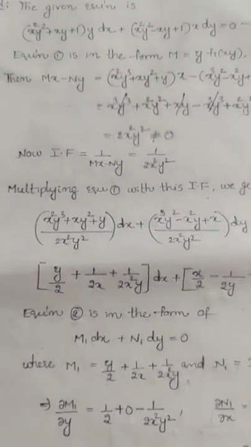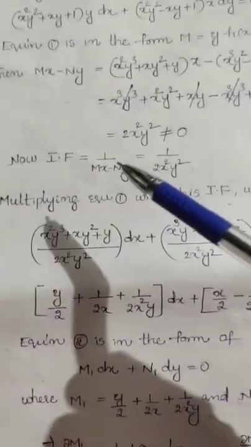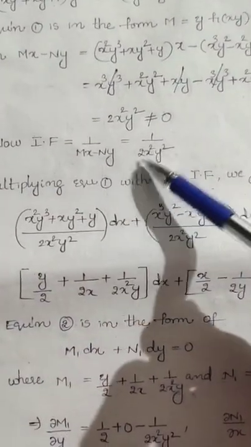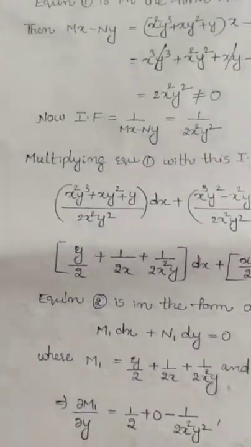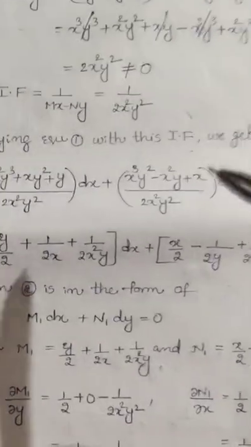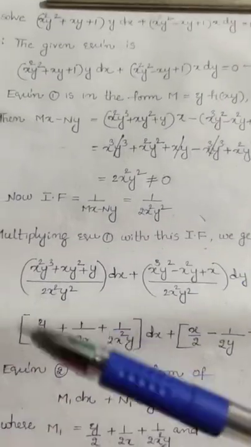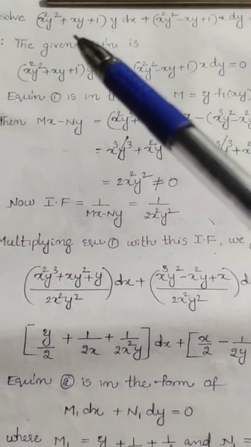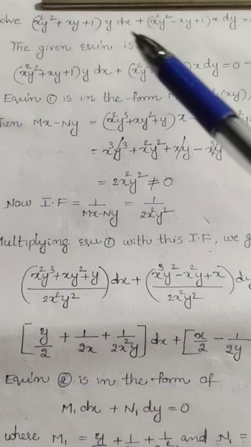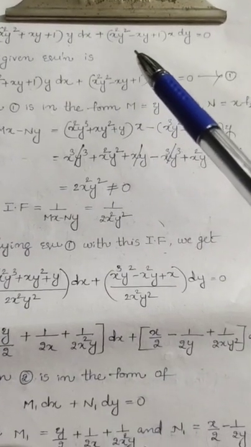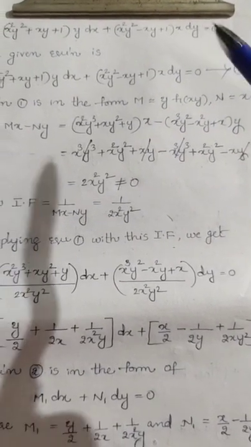Then we have to take integrating factor as 1 by Mx minus Ny, that is 1 by 2x square y square. Now multiplying equation 1 with this integrating factor. So here we have equation 1: x square y square plus xy plus 1 into y dx plus x square y square minus xy plus 1 into x dy equal to 0.